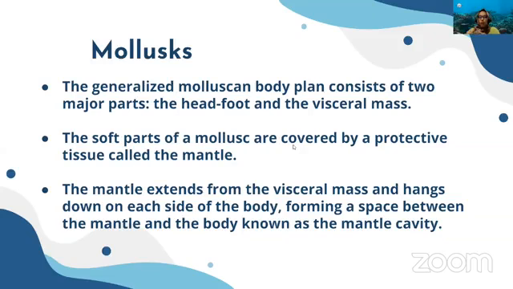The soft parts of mollusks are covered by a protective tissue called the mantle. This gives a space to keep the internal body organs safely, and it also creates a space between the mantle and the body, known as the mantle cavity.